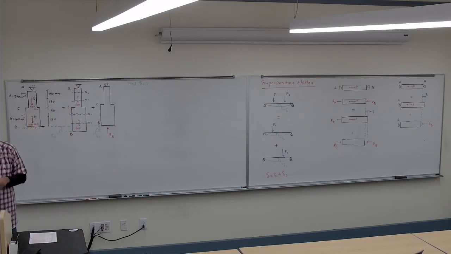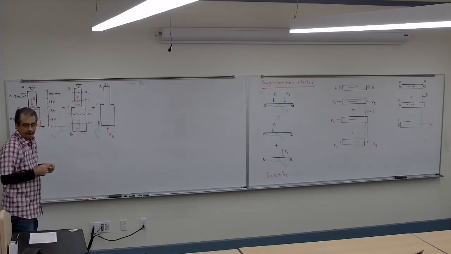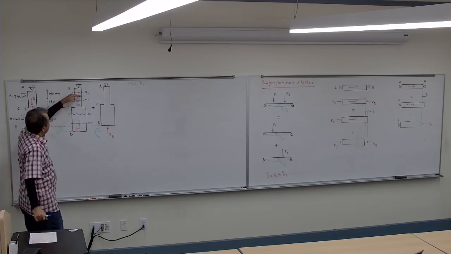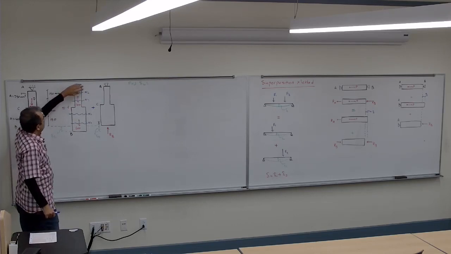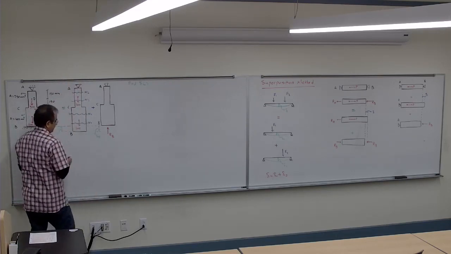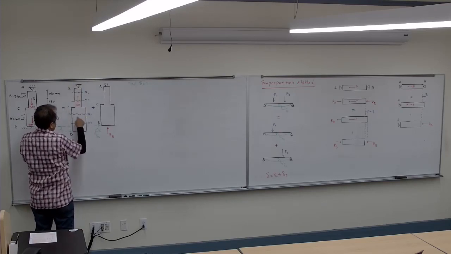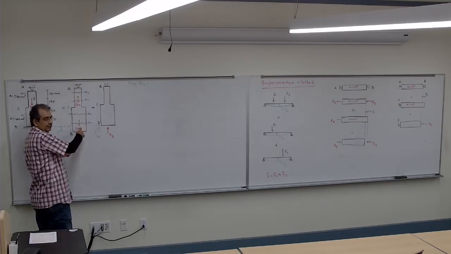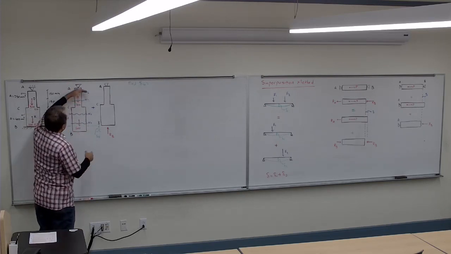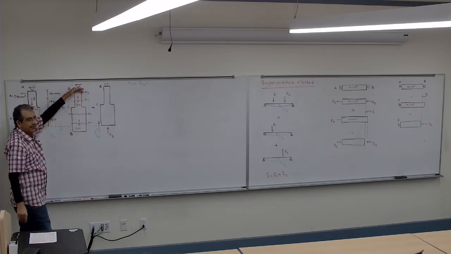Agree? So how much is the normal force here? 0. Is it? Forget it. How much is the RA? No, in this case, the RA is 300 plus 600, correct? Oh, yeah. In this case. So, if I cut it from here and look at the bottom part, how much is N?